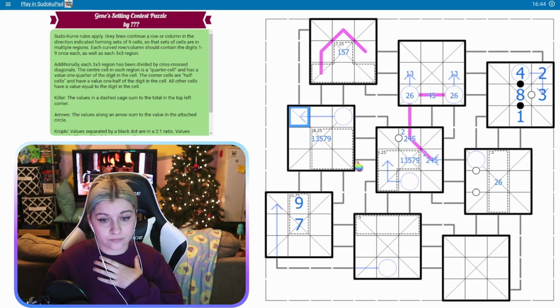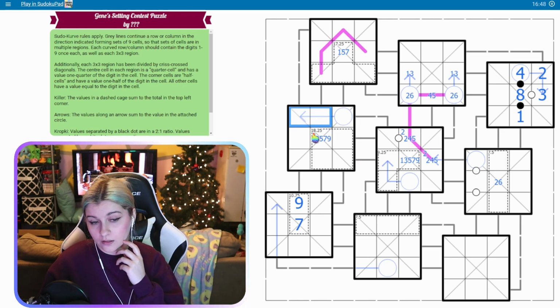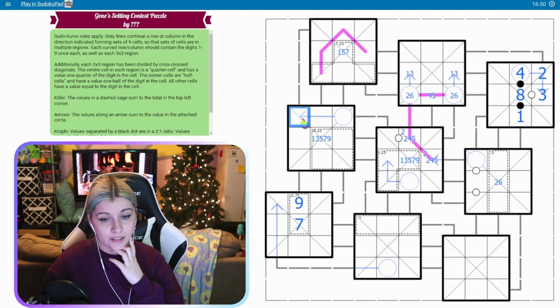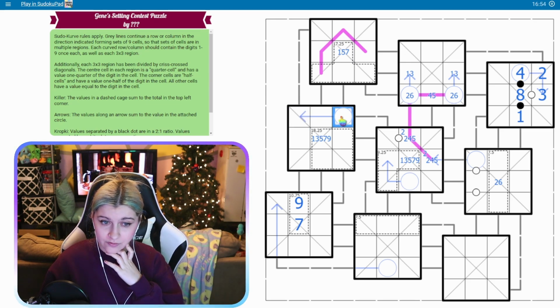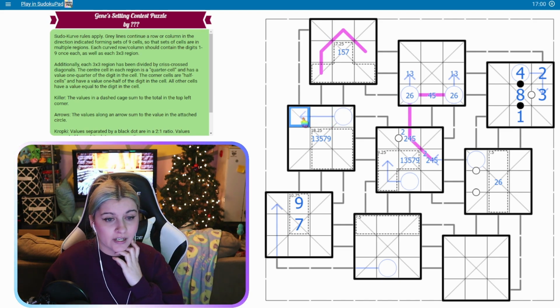Okay. What's the smallest these could be? A 1 and a 2. So this, a 2 halved would be a 1 plus a 1 is 2. Or I could have a halved 1 plus a 2. That'd be 2.5. So yeah, it would be 2 and 1.